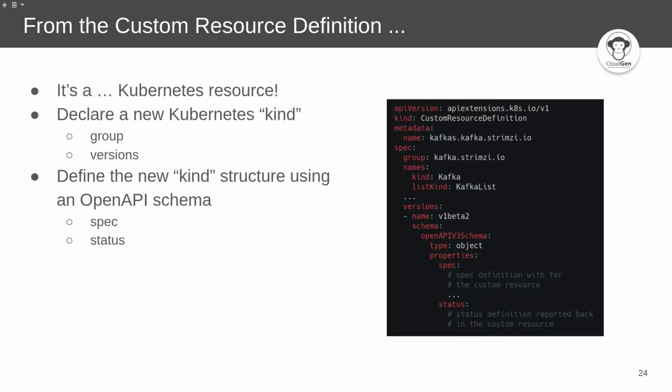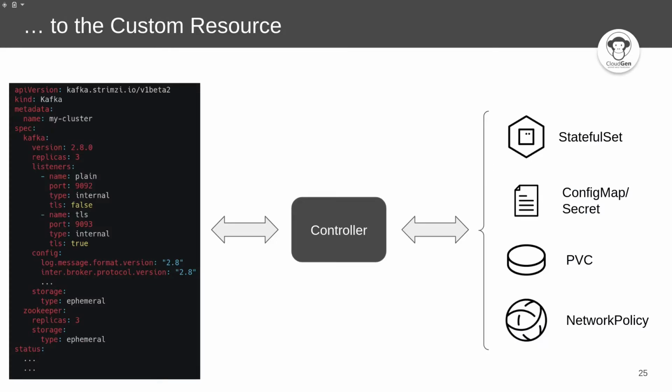On the other side, you can create your custom resource. So other than describing the custom resource definition, I am going to create a Kafka resource. So as I have a kind pod, kind deployment, now I can create my resource as kind Kafka. This is the specification in this case. I am describing which version of Kafka I want, the number of brokers, the listeners for exposing Kafka outside or inside my clusters, the configuration of the brokers, the kind of storage that I want to use, and right now even Zookeeper that runs alongside Kafka.